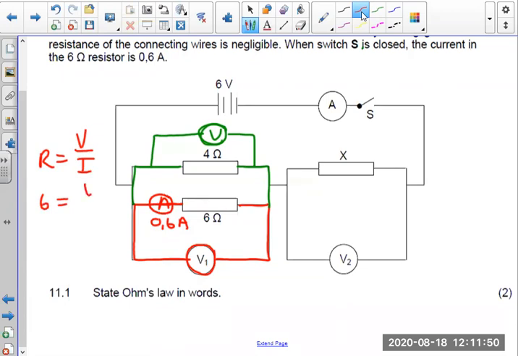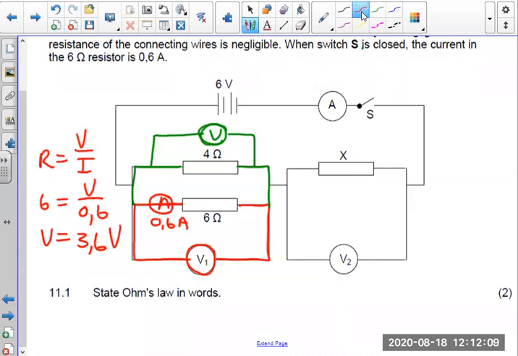I want the voltage, the current is 0.6. So 6 times 0.6 gives us a total, for the voltage, of 3.6 volts. Okay, so that would be 3.6 volts.